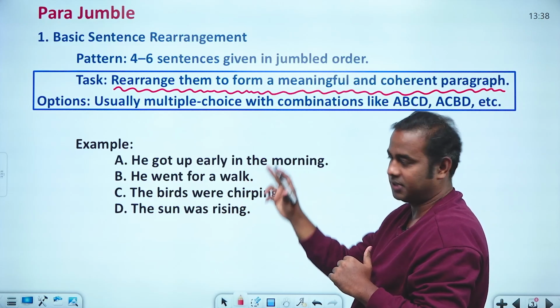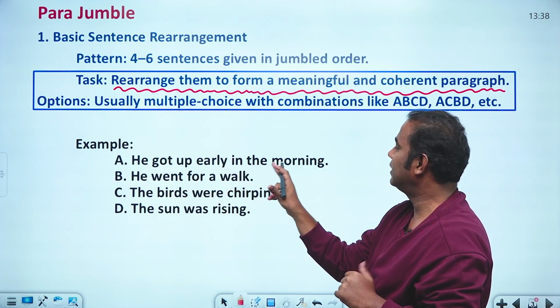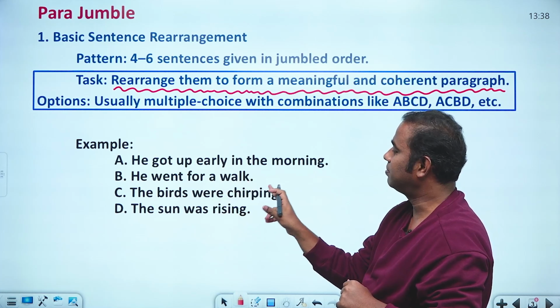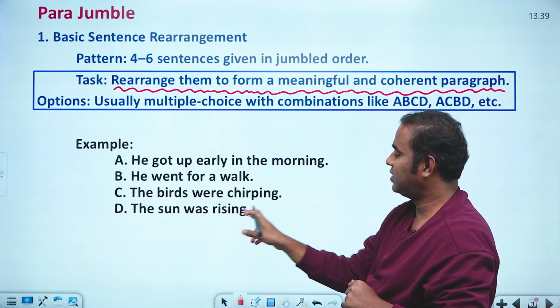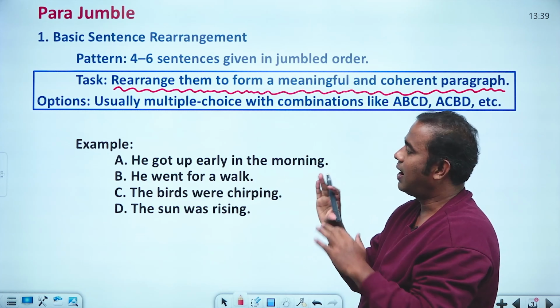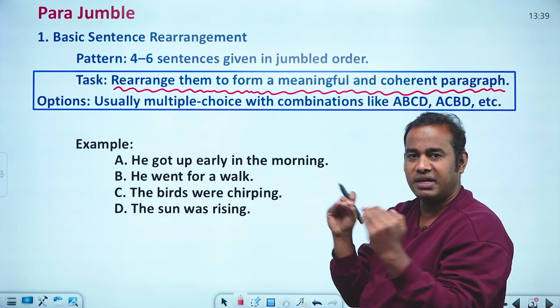He got up early in the morning. He went for a walk. The birds were chirping. The sun was rising. All these four events in this example are individual events, and they don't seem to have any connection.